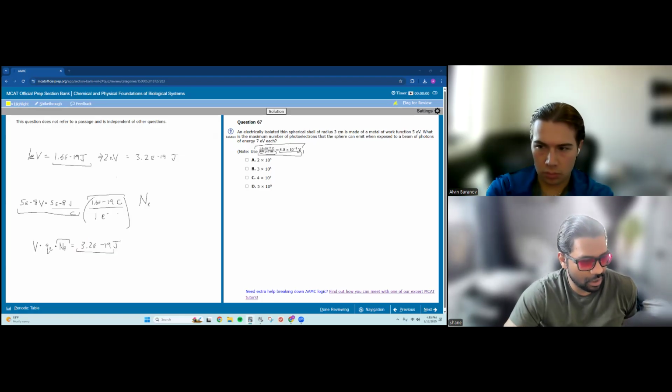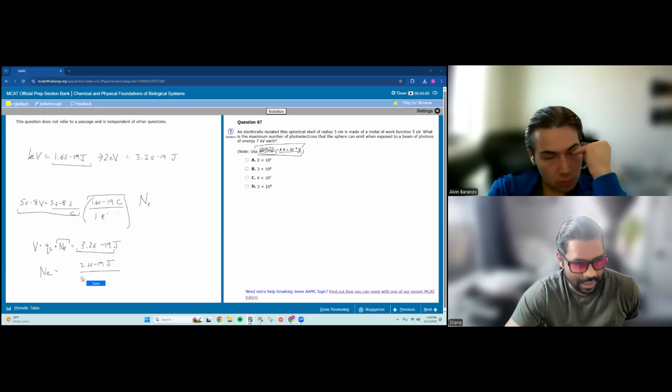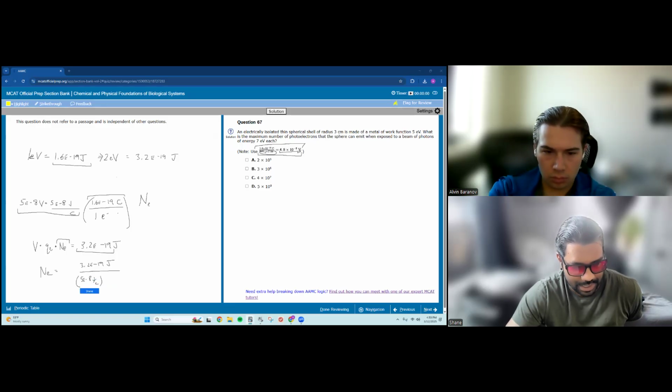To get the number of electrons, we divide the 3.2 times 10 to the negative 19 joules by 5 E negative 8 joules per coulomb, aka volts, times the charge per electron, which is 1.6 E negative 19 coulombs per electron.